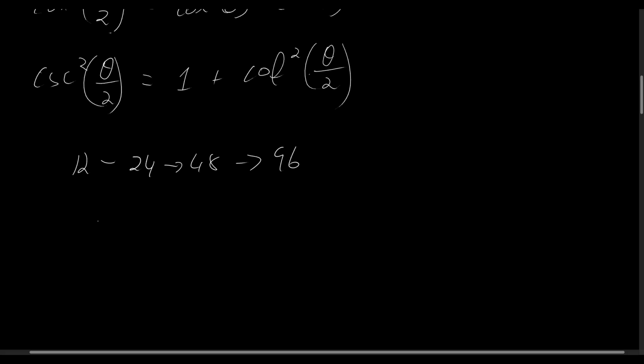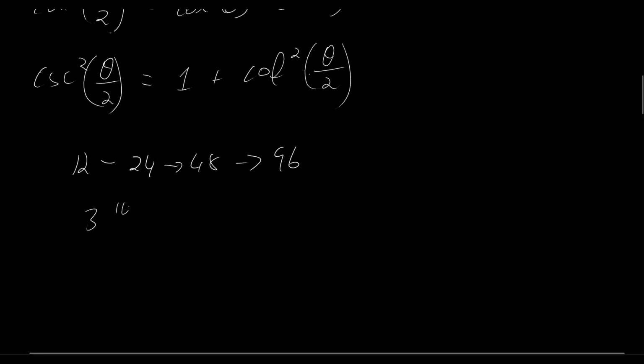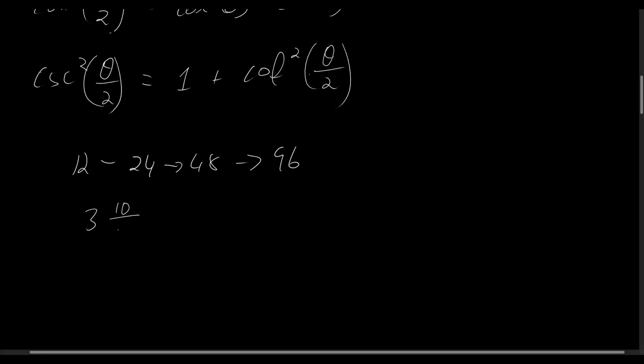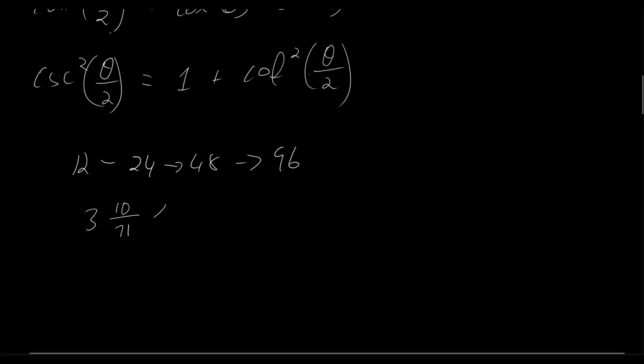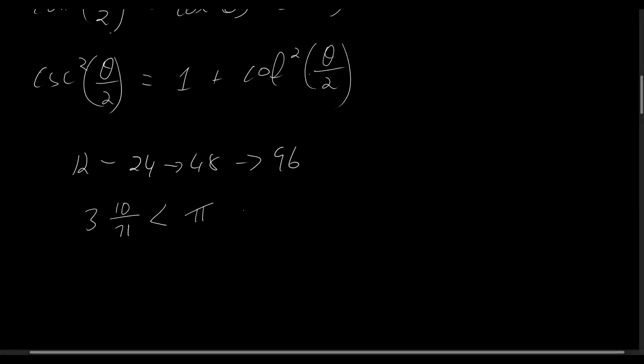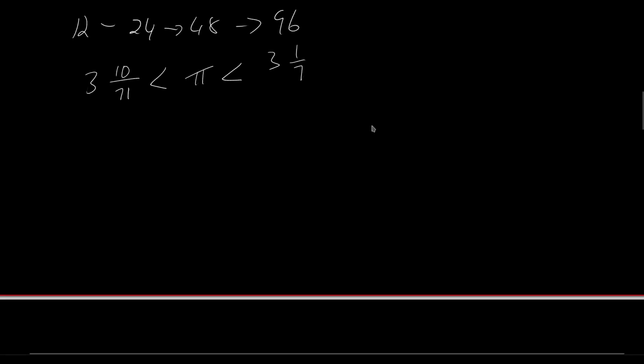So he finished with values of 3 plus 10 over 71, which was the lower bound value of pi, and the upper bound value was 3 and 1/7. And this is quite a good approximation for that time.